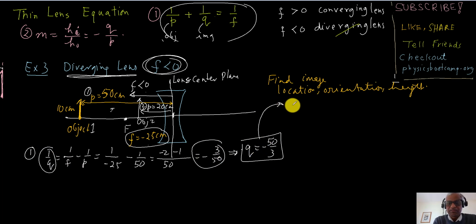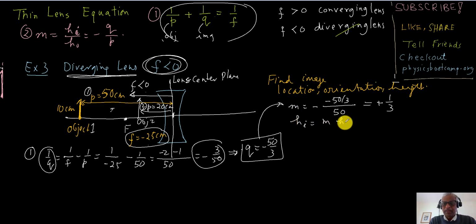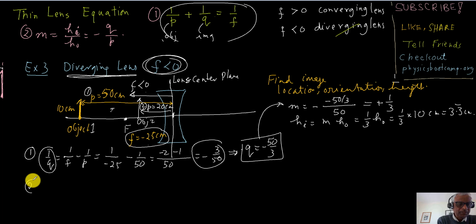So from there we can get magnification equals minus 50 over 3 over 50. It's a plus 1/3, which means the image will be smaller, 1/3 the size. So h image will be m times h object, and so 1/3 of 10 centimeters is 3.3 bar centimeters.